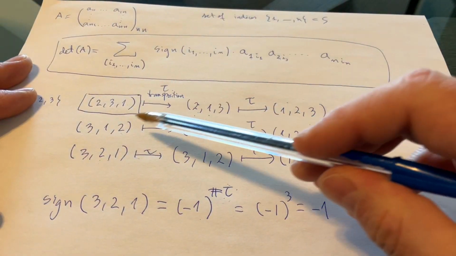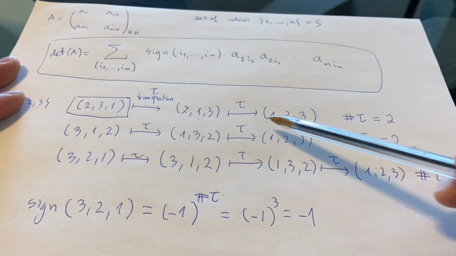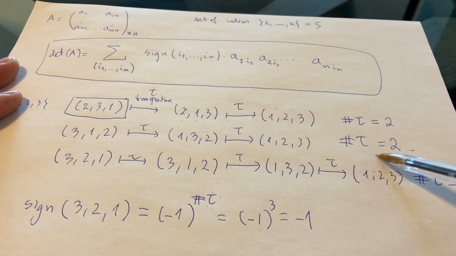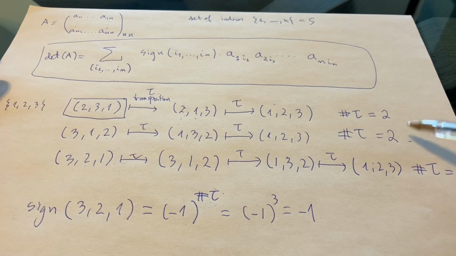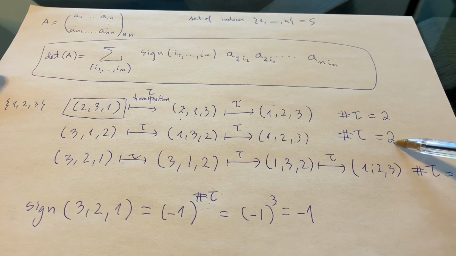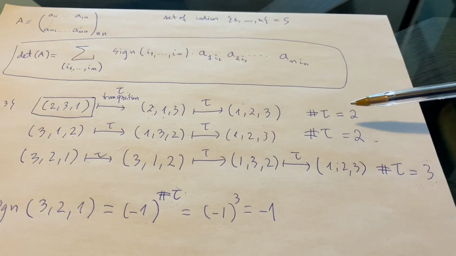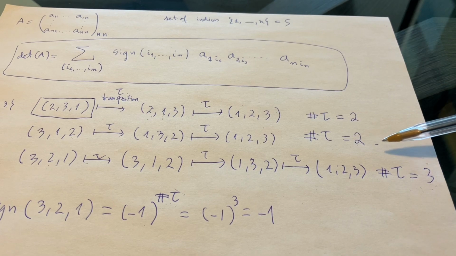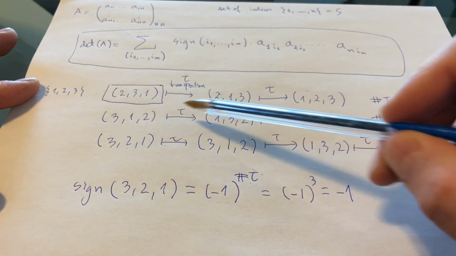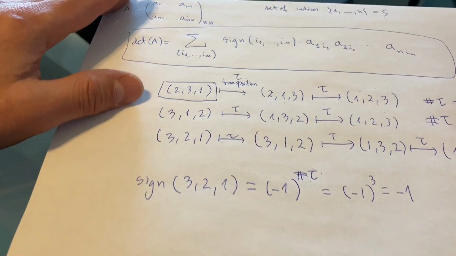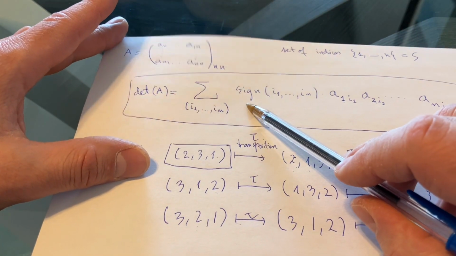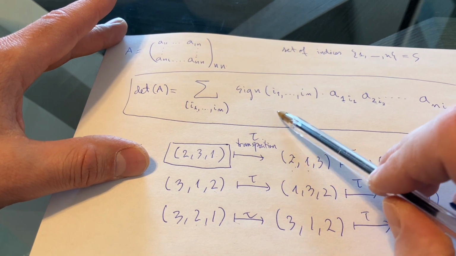And likewise, you can bring 3, 1, 2 into 1, 2, 3 via 2 transpositions, or maybe another even number of transpositions not necessarily equal to 2. So actually, the number of transpositions is not invariant for every permutation. What's an invariant is this number. Okay? So this number you see here is -1.